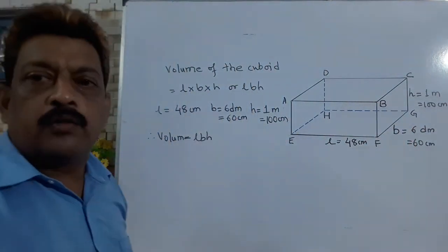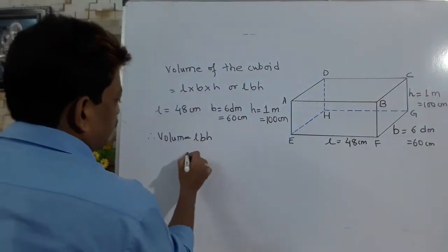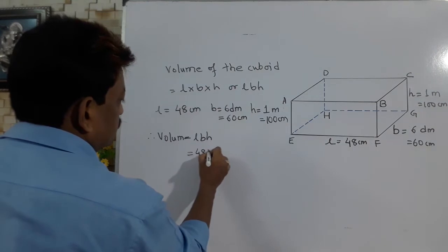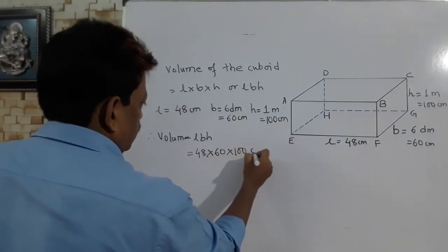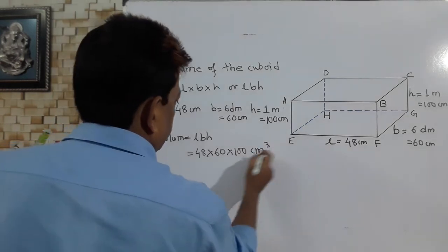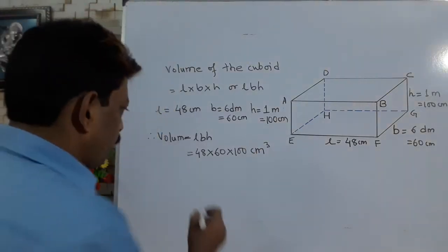Now we can calculate the volume using the formula volume equals length into breadth into height. So length is 48, breadth is 60 and height is 100. The unit will be centimeter cube because all the units are in centimeter.